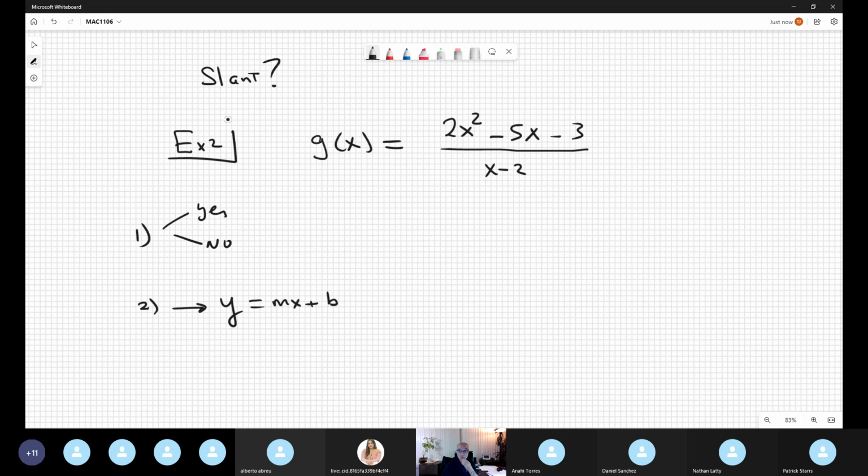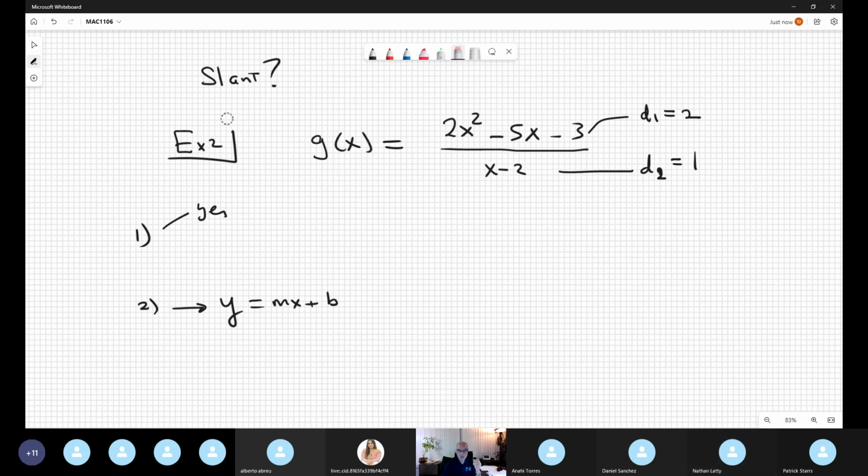Yeah. Cool. So remember, to analyze that, you analyze the degrees. The numerator is degree 2 and the denominator is degree 1. What do you think? We have a slant, yes or no? Yes.